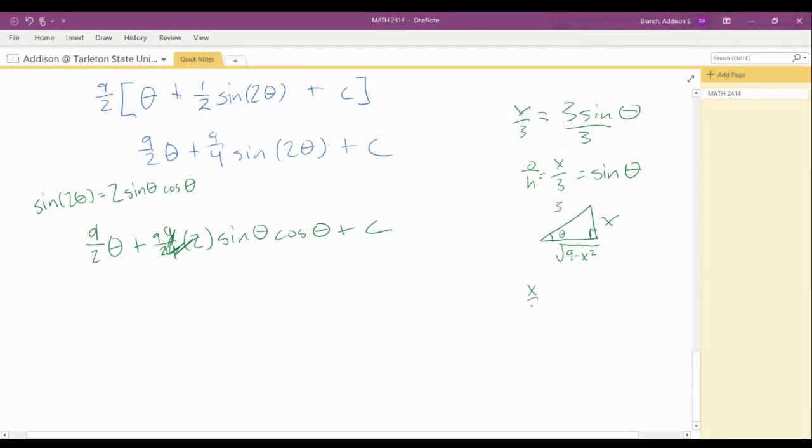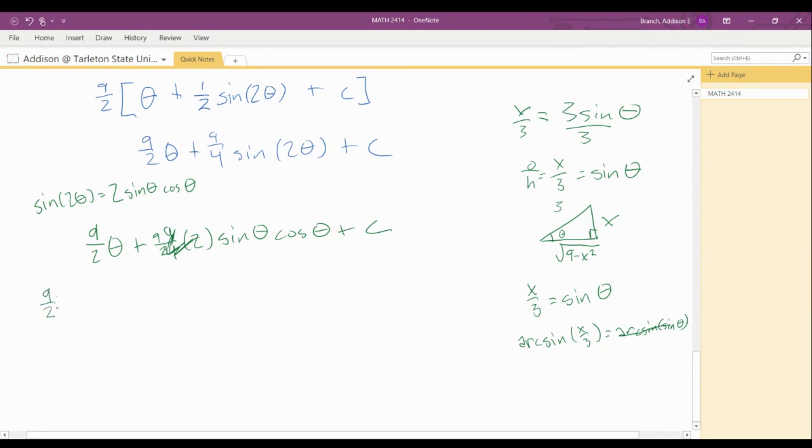So if we know that x over 3 is equal to sine of theta, we can go ahead and take the arc sine of both sides to cancel out that sine. So we know that theta is equal to arc sine of x over 3.